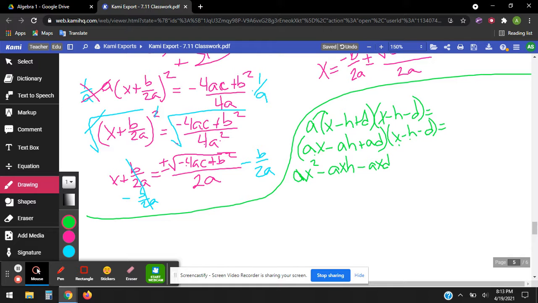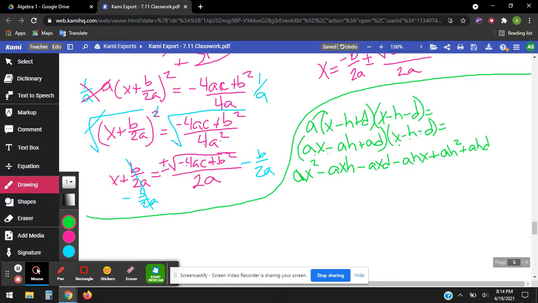Now I'm going to go to the next one. Negative ah times x is minus ahx. Negative ah times negative h is plus ah squared. Negative ah times negative d gives another plus ahd.